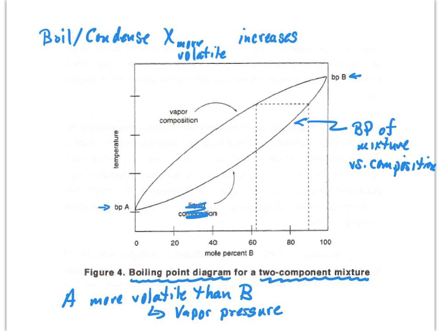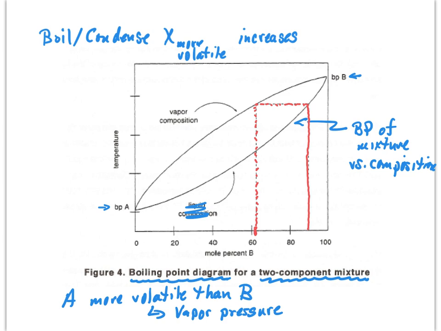So if we want to separate two components, let's start where they start at 90% B and only 10% A. And say we want to get A. So we boil it. It boils at that temperature. Then we let it condense. And now we have a liquid of that composition.